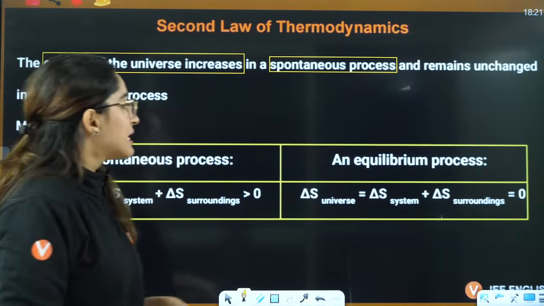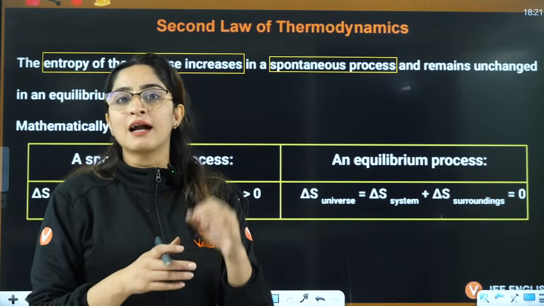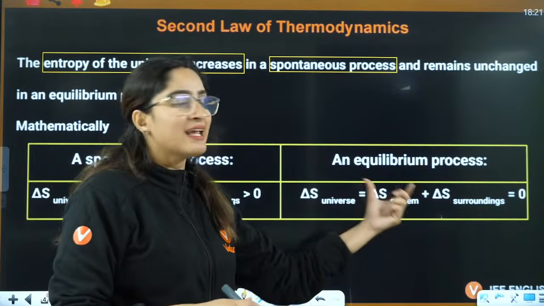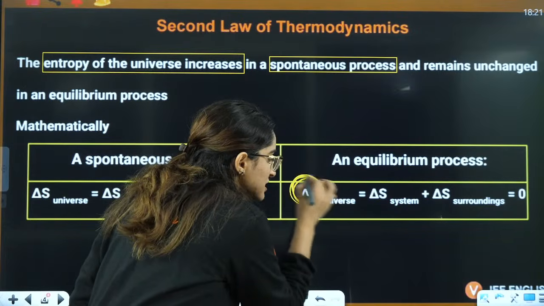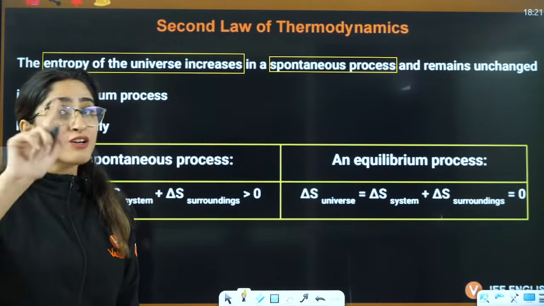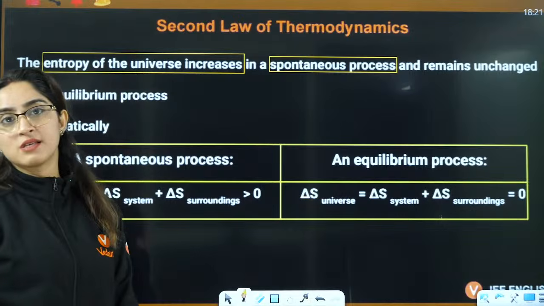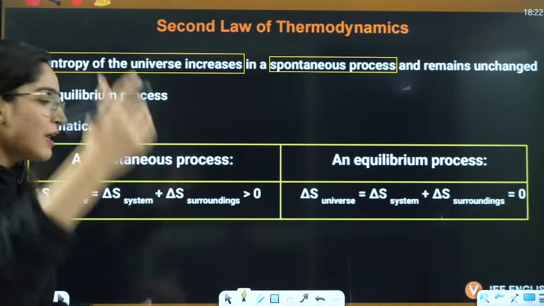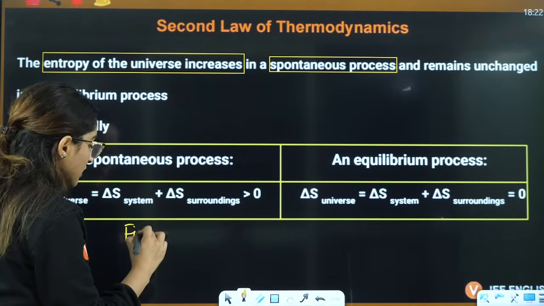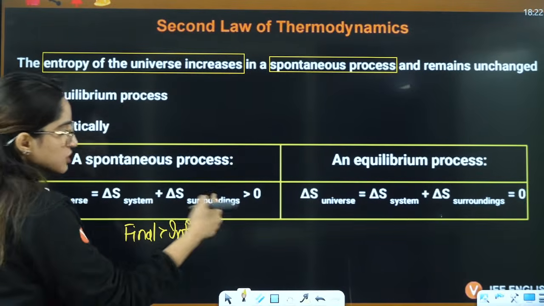Then for an equilibrium process, when we are saying it is at equilibrium, we are saying it is not changing. That means the change in this universe is, we are not saying entropy is zero. I am saying change in entropy is zero. Here, because entropy is always increasing, final is greater than initial. That is the reason this is positive.